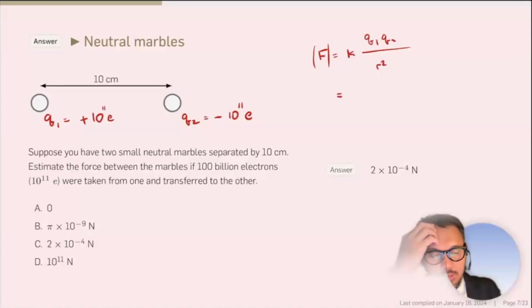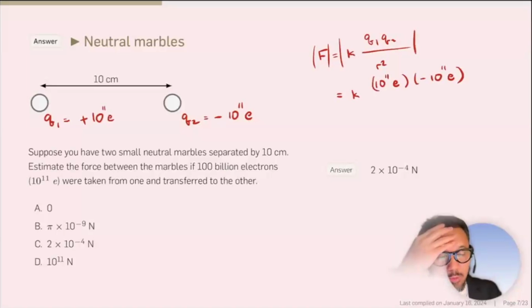So K, which is 9 times 10 to the 9th. Q1 is 10 to the 11th e times minus 10 to the 11th e. So there will be attraction. And right now we only care about the absolute value.